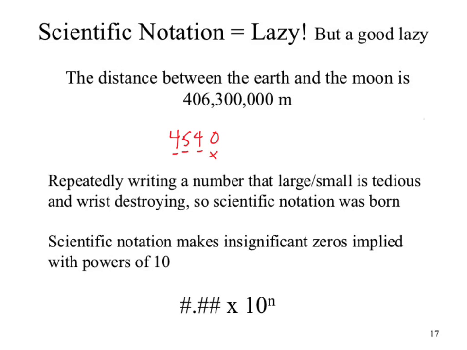If you want to be extra clear in your explanation that that 0 is not significant, we can convert this to scientific notation. Scientific notation says the very first significant digit goes into the ones place. So the number becomes 4 decimal point 54.